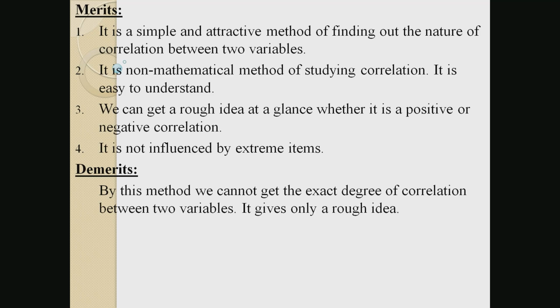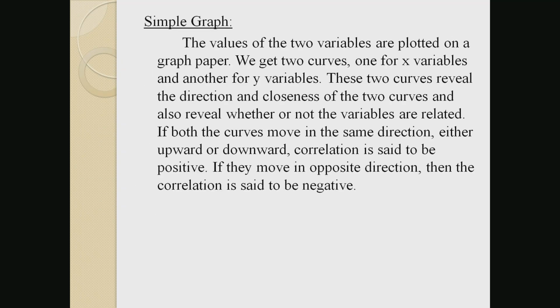So, it is very easy to understand. We can get a rough idea at a glance whether it is a positive or negative correlation. These are the merits of the scatter diagram, but one of the limitations of this method is that we cannot get the exact degree of correlation between two variables because it gives only a rough idea.